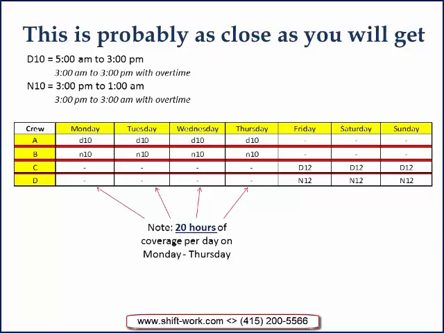And the night shift can add 2 hours at the end of their shift. So instead of going from 3 to 1 a.m., they can go from 3 p.m. until 3 a.m. And this gives us 24 hours of coverage, now 7 days a week. It doesn't mean that they'll always go to 12s. Typically it goes something like in the busy season these will be 12s, and in the slow season these are 10s. Or if we need to do maintenance, we'll cut these back to 10s, otherwise we'll do 12, something of that nature.